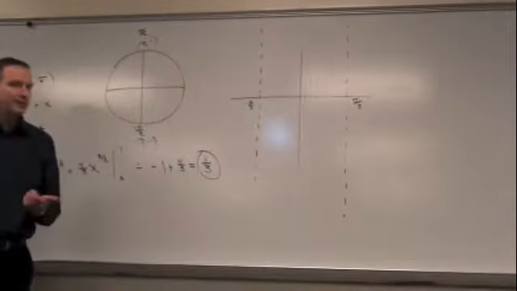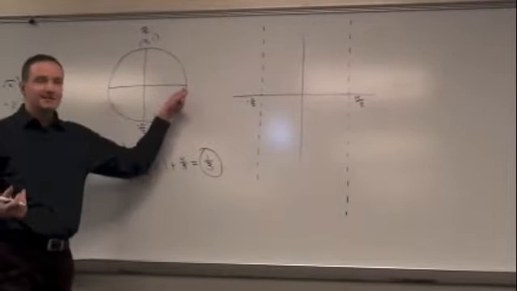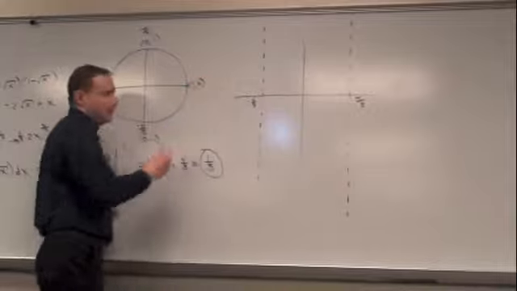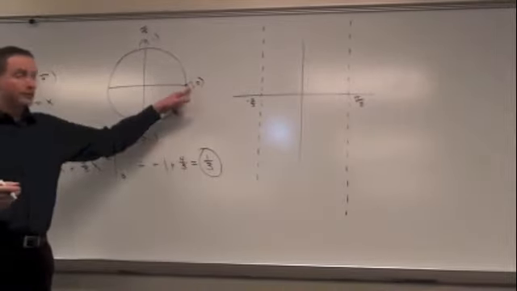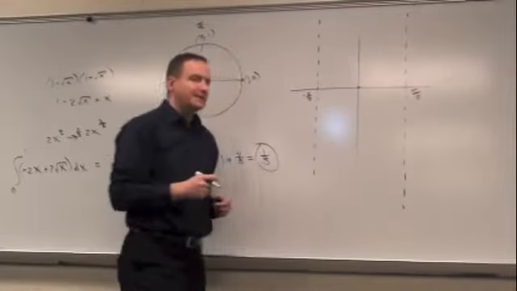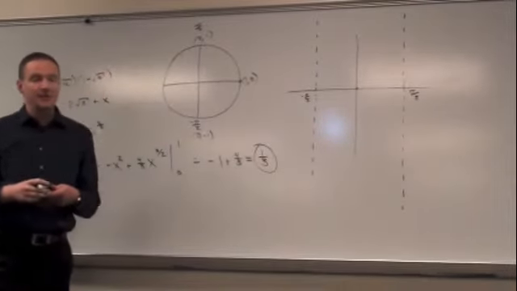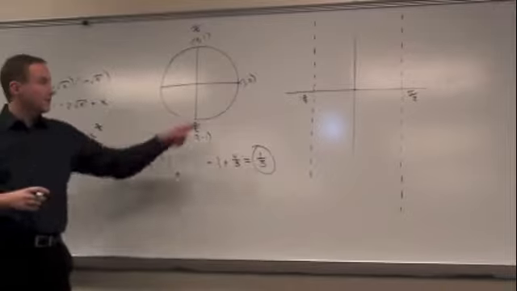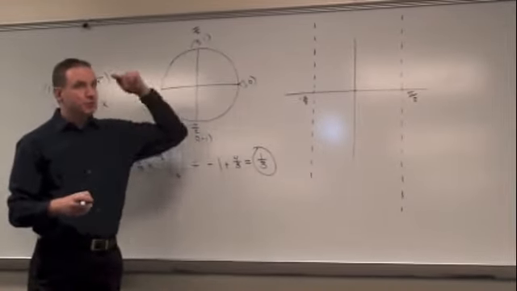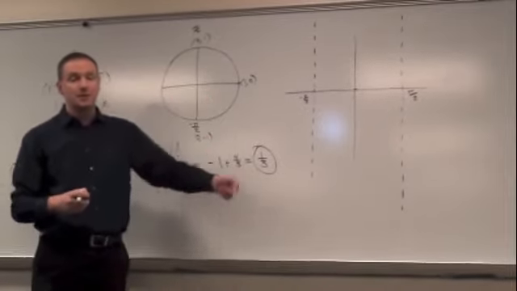And the only other point I really need here is, what about at 0? At 0, you know your cosine is 1, your sine is 0. The tangent of 0 is 0 over 1, 0. So then what does the tangent function do as I go through that first quadrant? As I go through the first quadrant, the tangent function is the ratio of sine to cosine.